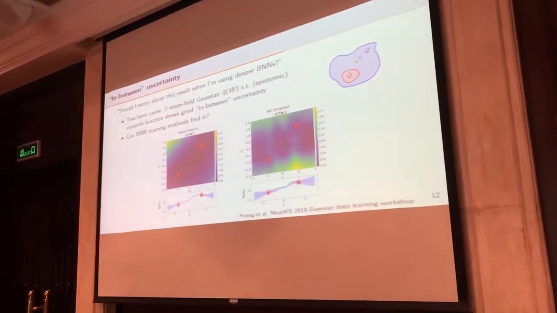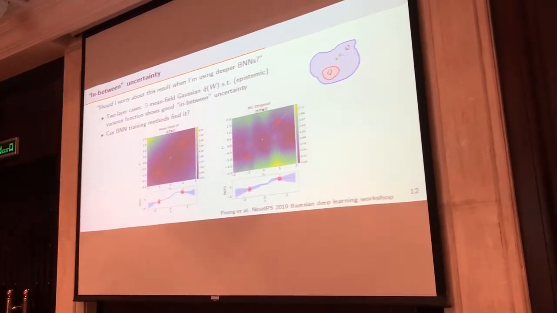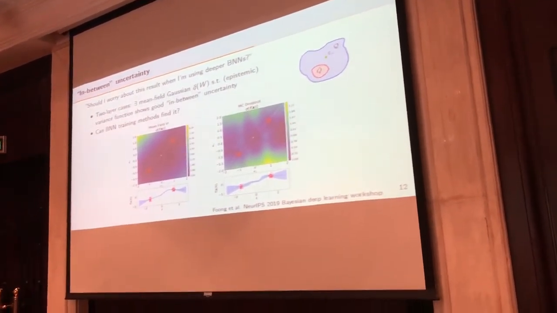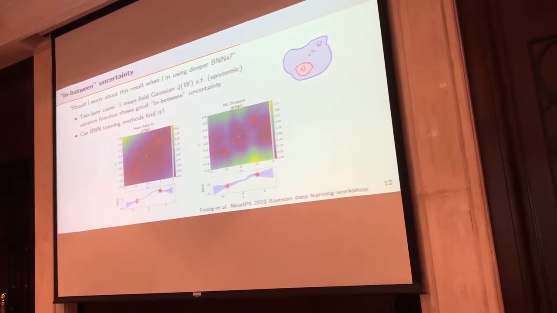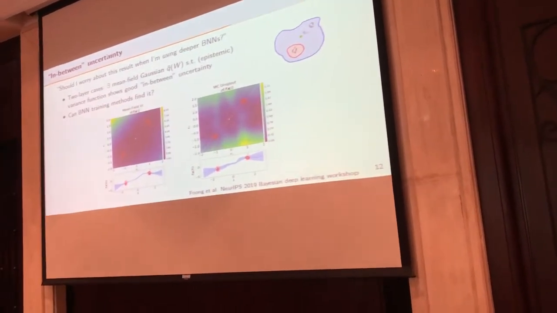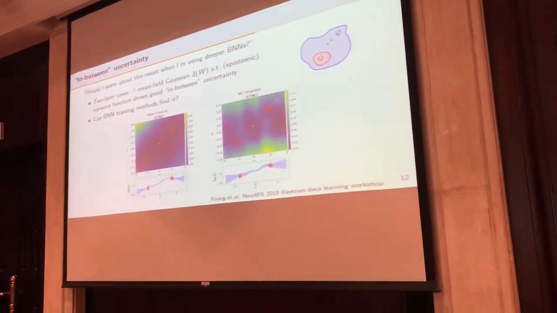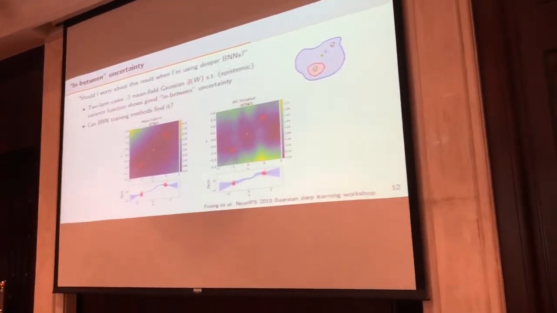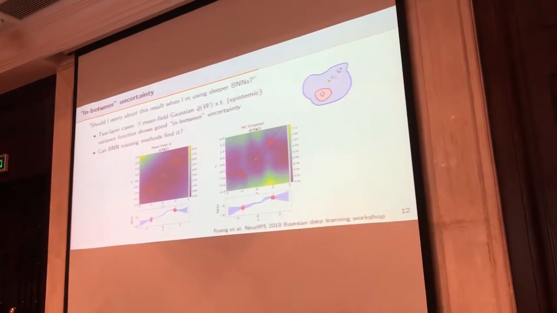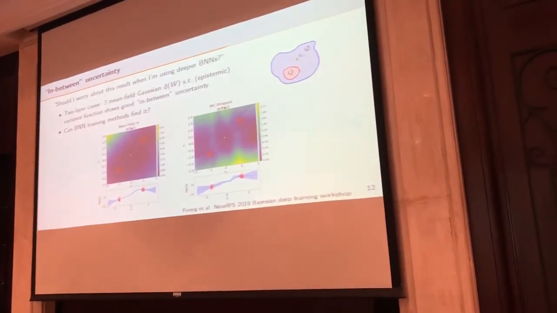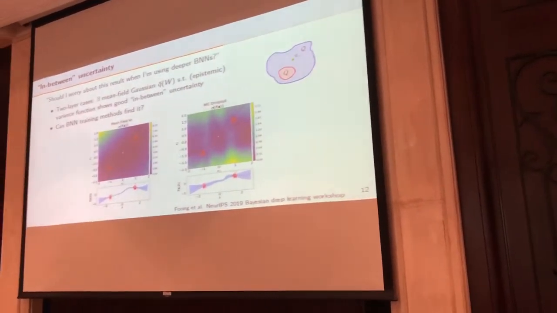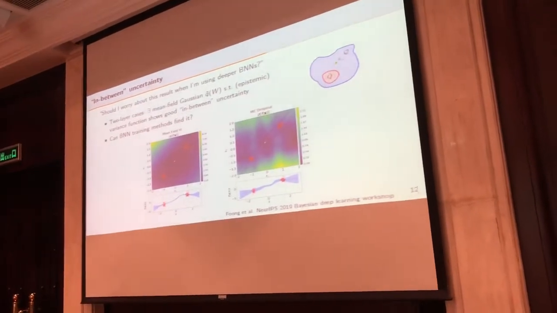Whether that is relevant to your problem, or I should say, should I worry about this result because our previous result is only shown for one hidden layer? There are good news and bad news. The good news is, in theory, there is actually a mean field Gaussian distribution that can represent those kinds of nicely behaved variance functions.